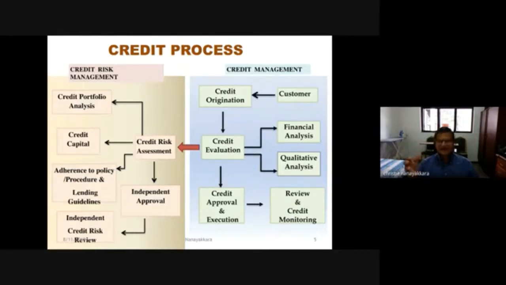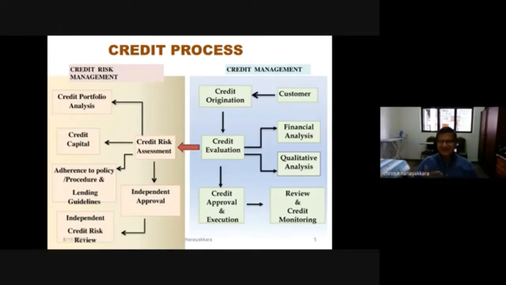Now these are evaluated based on the risk weight. Risk weight is done through a mechanism where we give a rating to facilities. They also do the rating of banks. You have heard of the name Fitch. Fitch is a rating agency.